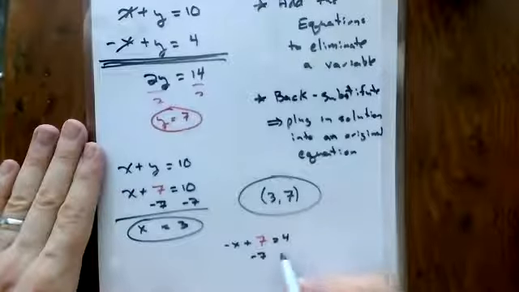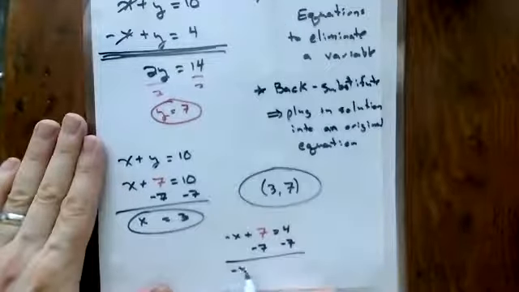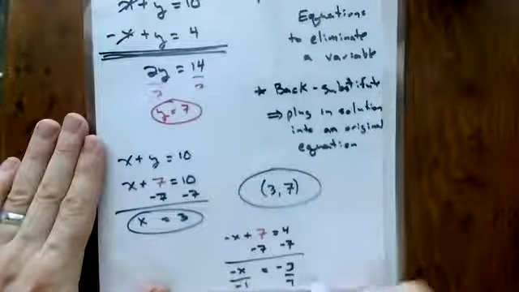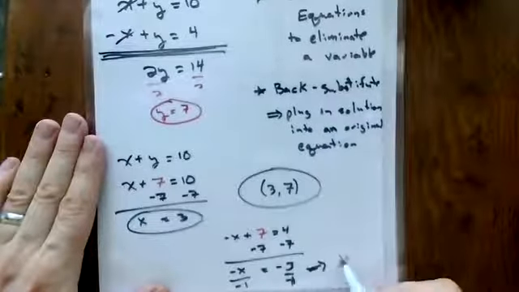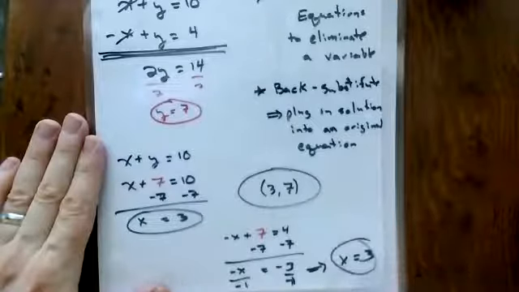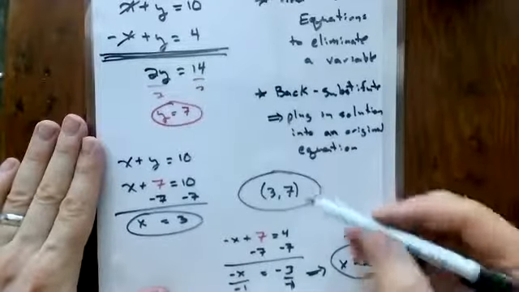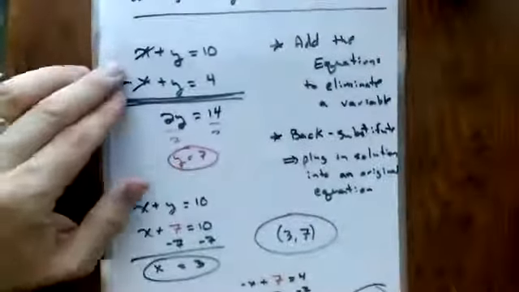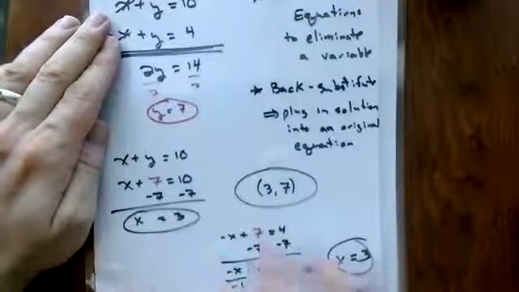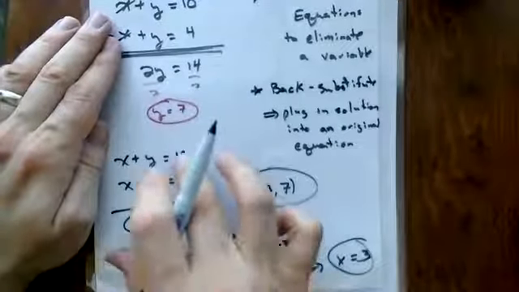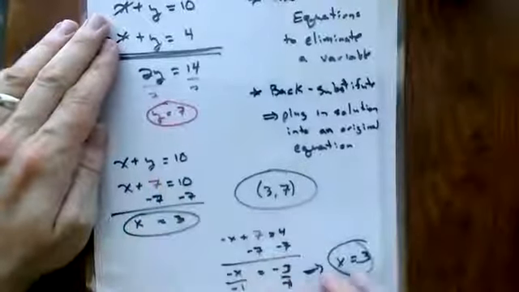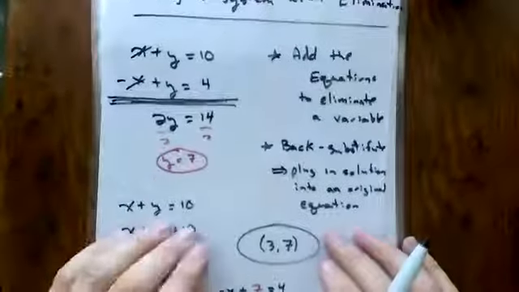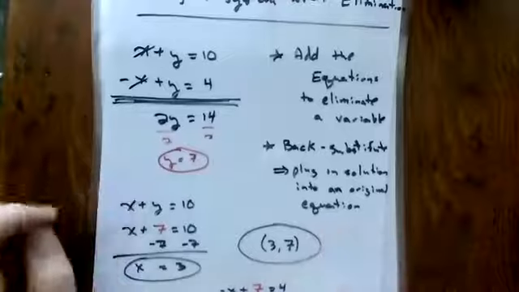If I subtracted 7 from both sides, I'd have negative x is equal to negative 3. I divide by negative 1, and sure enough, I'd end up with x equals 3. So with y equal to 7, I've got x equals 3 on both of these equations. Plugging it into both of these is the way that I check my answers.